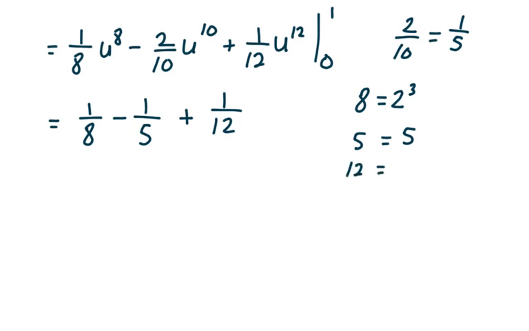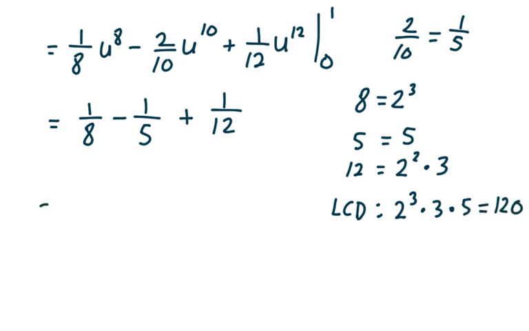And 12 is 2 to the 2nd times 3. And so the LCD is going to be 2 to the 3rd times 3 times 5, which is 120. So I'm going to put 120 here.